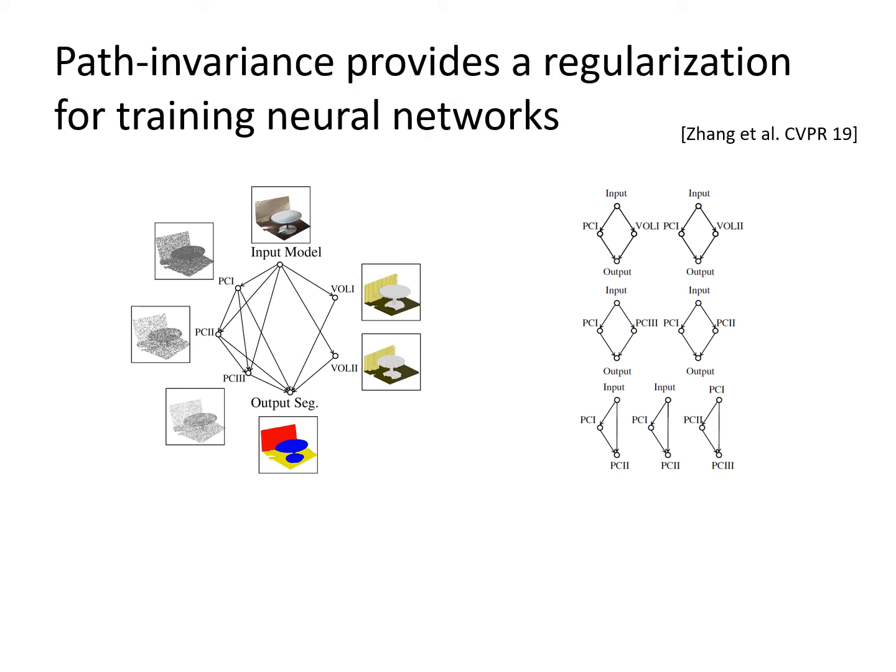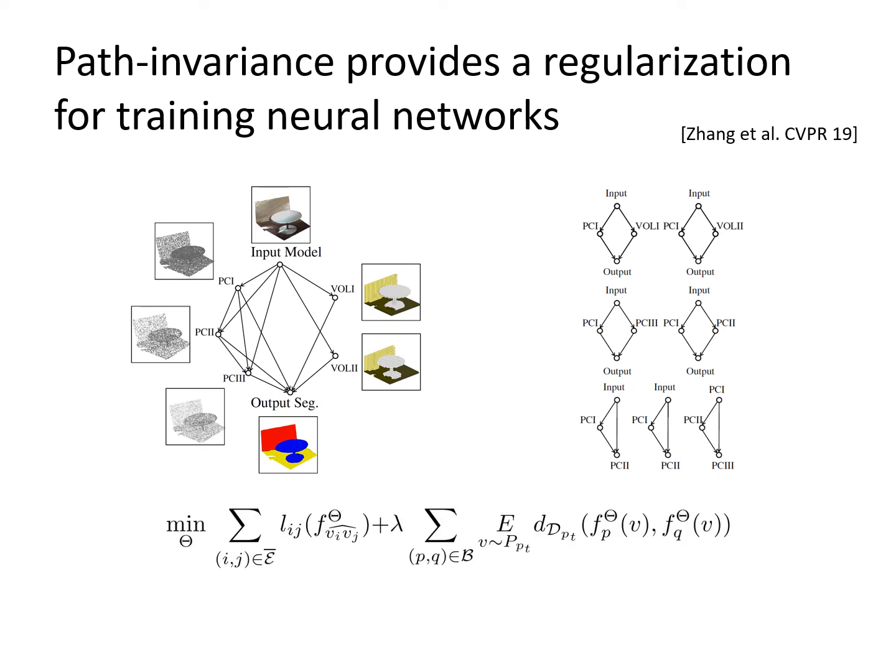Suppose we have the path-invariant basis, namely a small collection of path pairs. We can then formulate the problem of joint learning of neural networks. The objective function combines a supervised loss and an unsupervised loss. The supervised loss enforces that the neural networks agree with the training data along a subset of edges.